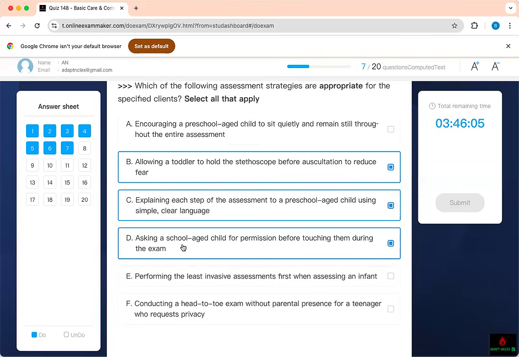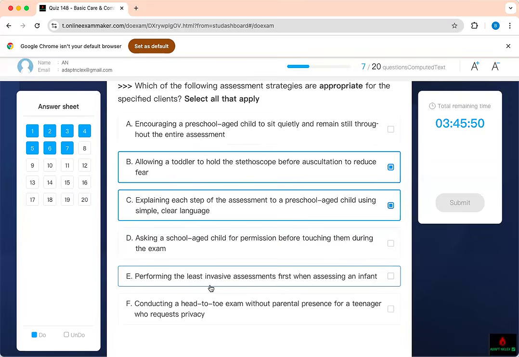Asking a school age child for permission before touching them during the exam, you can get them involved, but not every time do you have to ask them, I got to touch you. So that's the wrong answer. But I selected it so that you can see what I wanted to highlight. You don't need to ask them all the time. You can get them involved, but you don't need to ask permission every time.